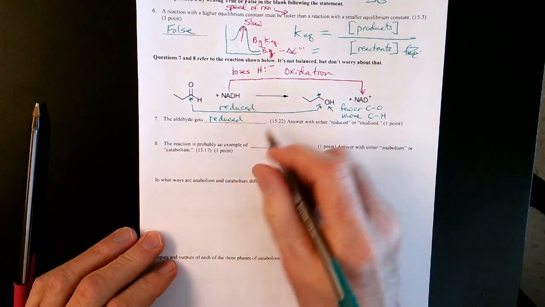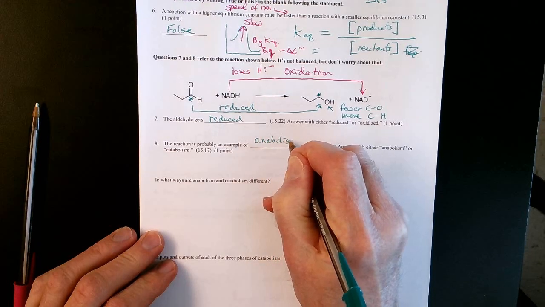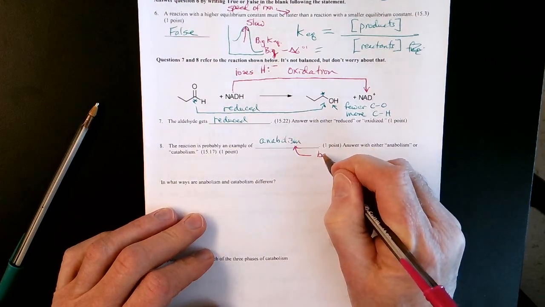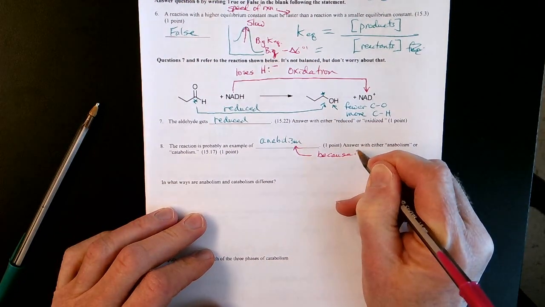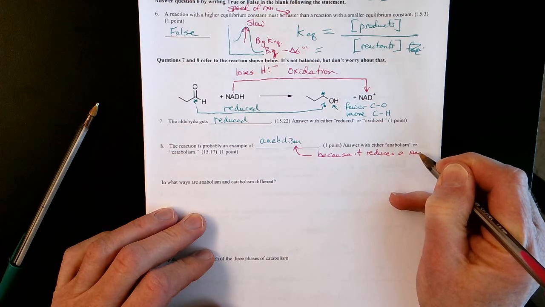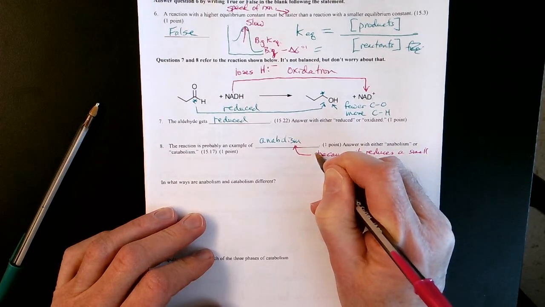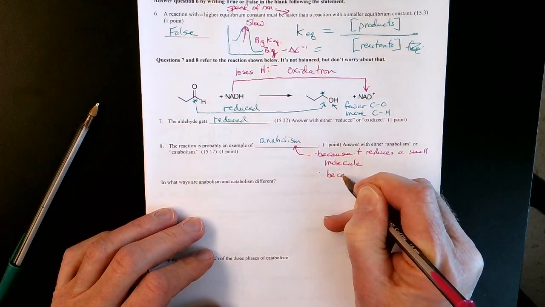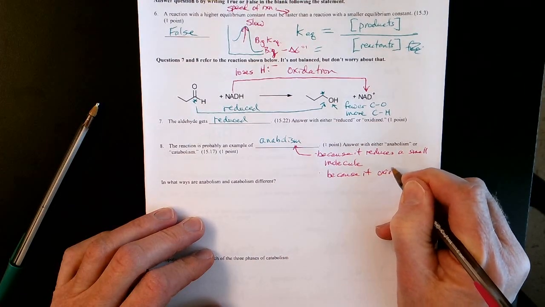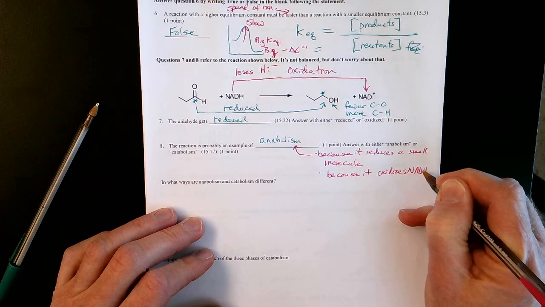So this is probably anabolism. Okay, and let's make sure you get the reason in, because it reduces a small molecule, that's the little 3-carbon one, because it oxidizes NADH.